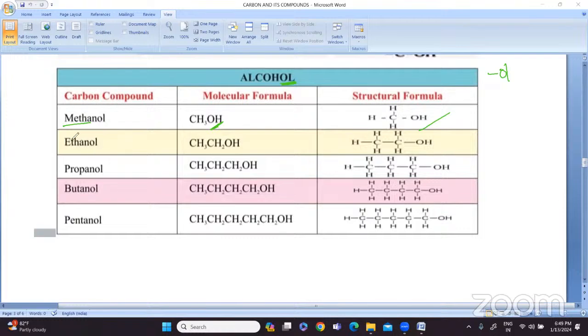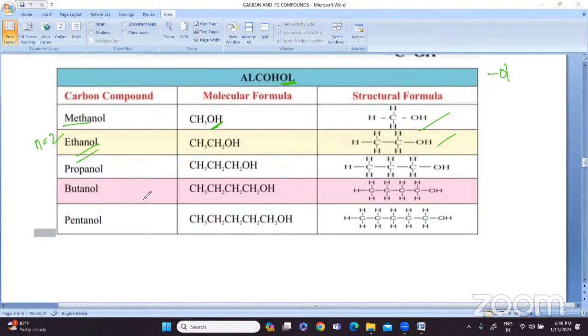Next, when you have n equals 2, it is eth, but since you have alcohol, it is ethanol. The molecular formula becomes CH3CH2OH, and this is the structural formula.